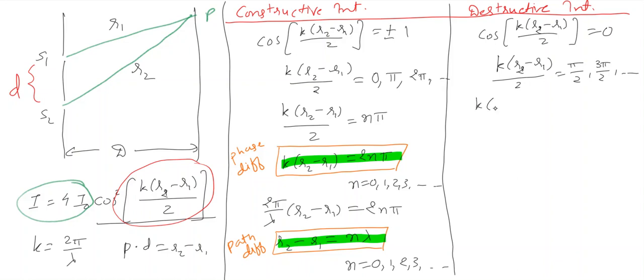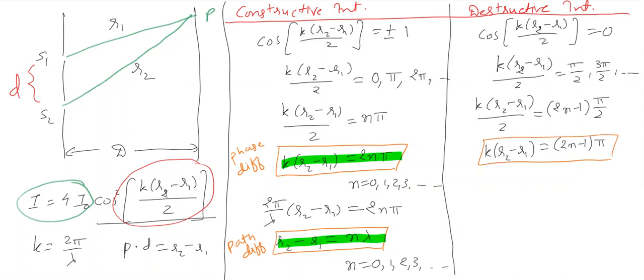So in general I can say that when k (r2 minus r1) by 2 becomes equal to (2n minus 1) pi by 2, the cos theta will be 0, and then intensity will be 0. So I can say that k (r2 minus r1) must be equal to (2n minus 1) pi for the intensity to be 0. So this is the condition for destructive interference in terms of angle, means in terms of phase.